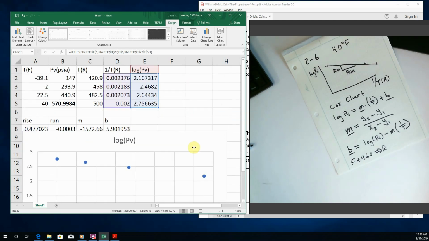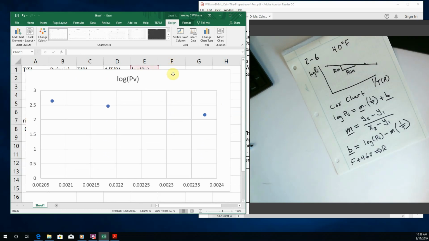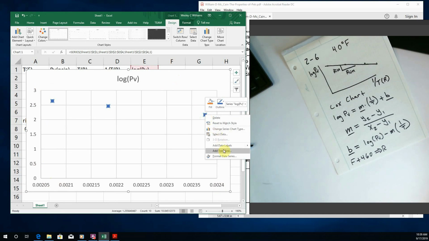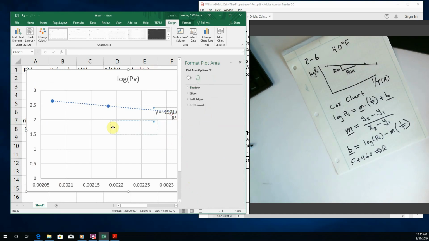So if we wanted to come back and pretend like we didn't have that yet, there we go. So here's our log pressure. Here's our 1 over temperature. We can actually do a trend line. We can add a linear trend line, display equation. We can show r squared if we want to see that.